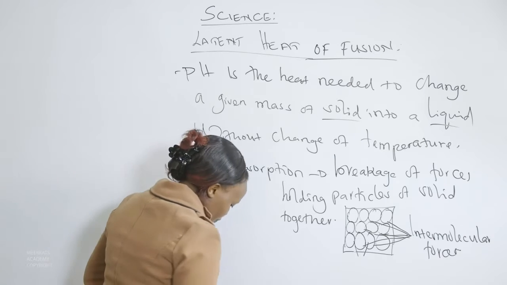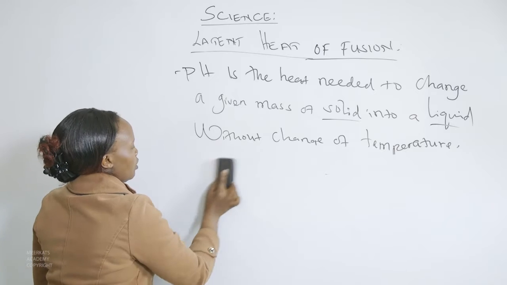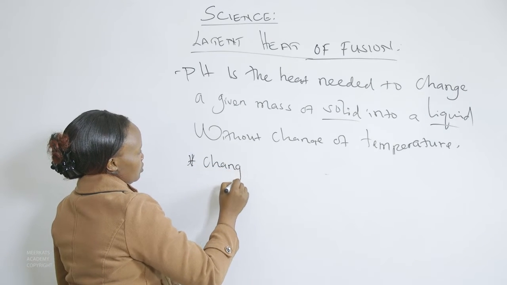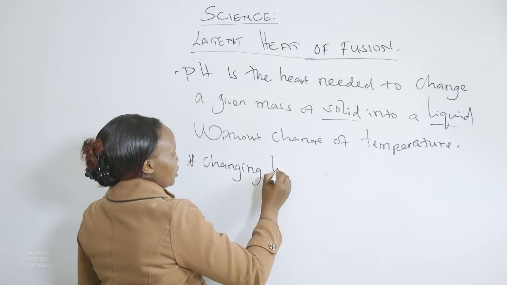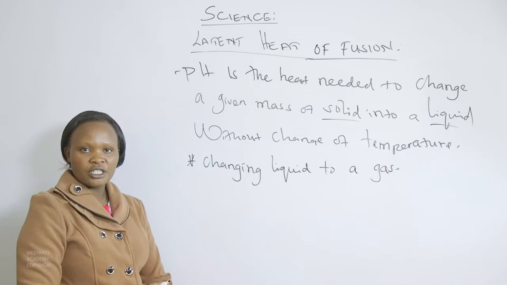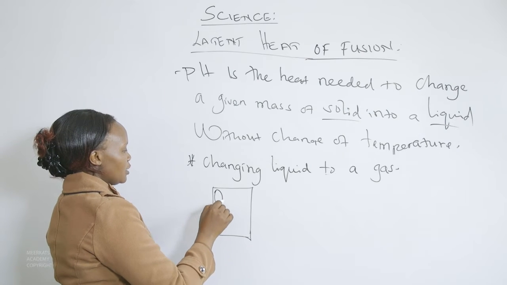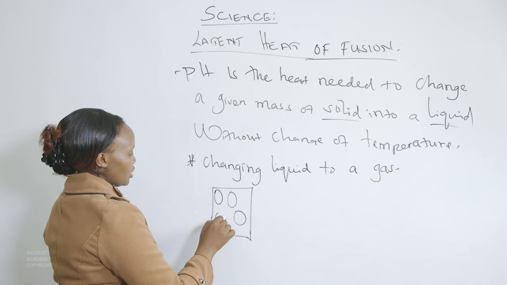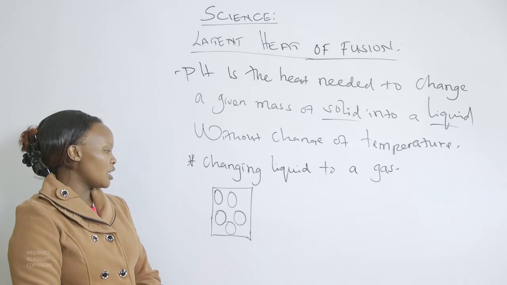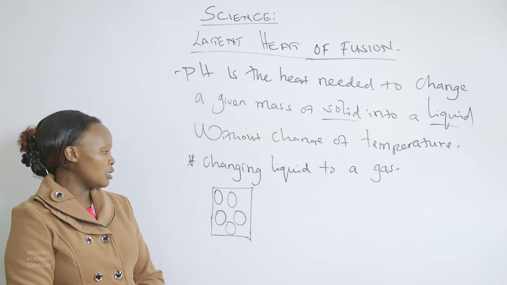Now, how about when we want to change a liquid to a gas? Remember that particles of a liquid have moderate spaces between them, and that's why we say they can move randomly, because they have small spaces between them, and thus they constantly collide.